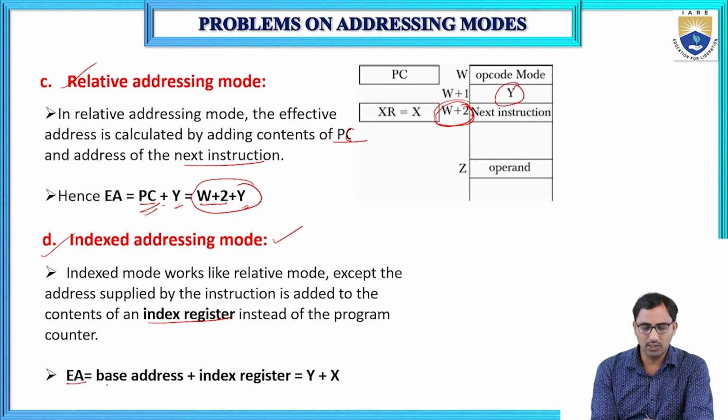So the effective address is equal to the base address plus the index register. The base address specified in the instruction is Y, and the index register value is X. So X plus Y is the effective address of the operand in indexed addressing mode.